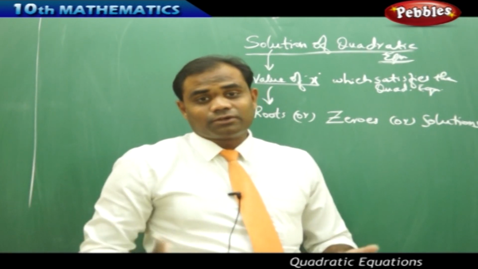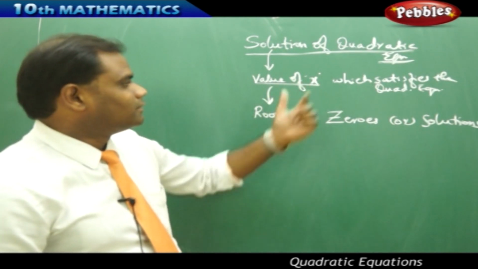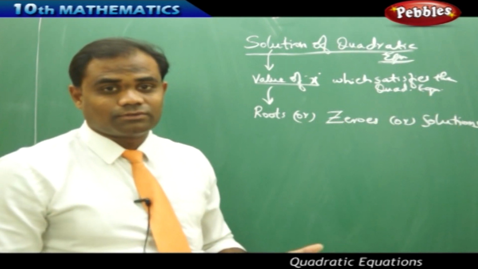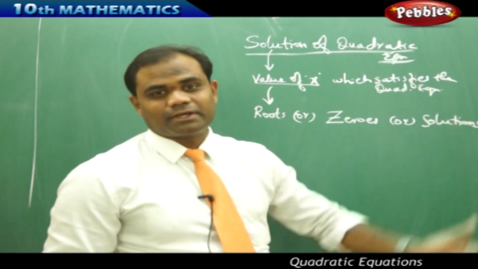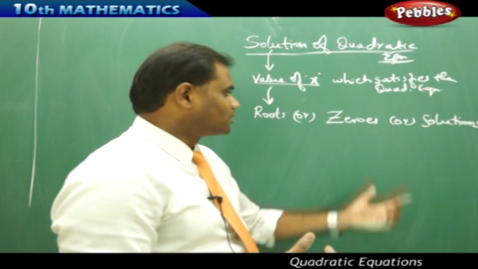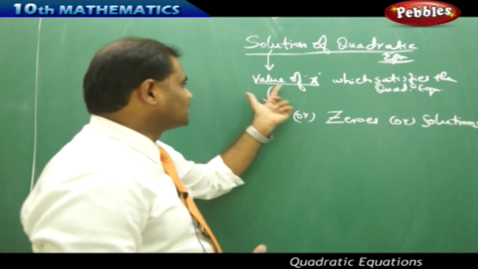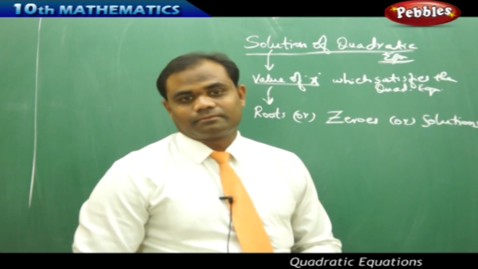So when I say find the roots of the given quadratic equation, it is nothing but finding the values of x which satisfy the quadratic equation. If I say find the zeros of the quadratic equation, it is nothing but finding the values of x which satisfy the quadratic equation. Or finding the solutions of the given quadratic equation is nothing but finding the values of x which satisfy the quadratic equation.